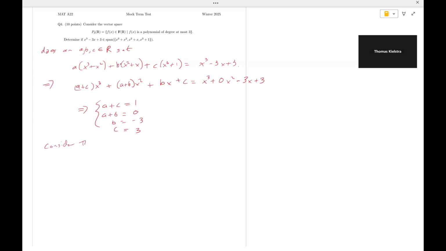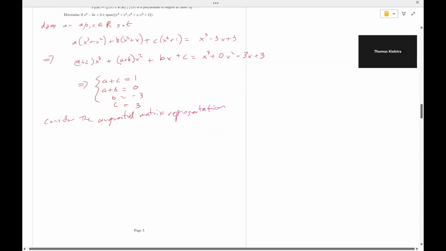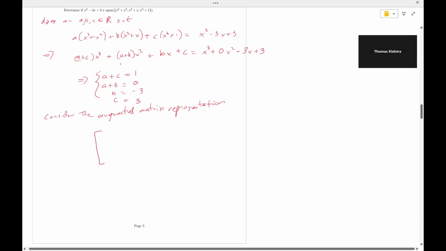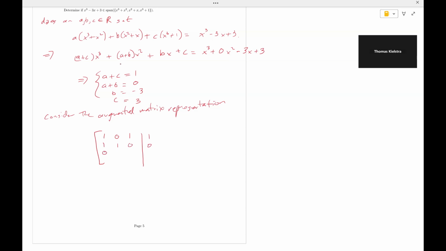Consider the augmented matrix representation: 1, 0, 1, 1; 1, 1, 0, 0; 0, 1, 0, minus 3; and 0, 0, 1, 3. And we could do our Gauss elimination and work our way through and get all of our pieces.